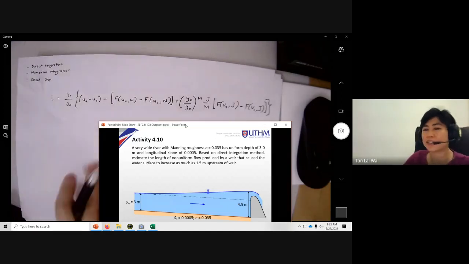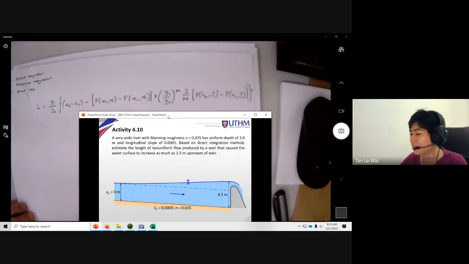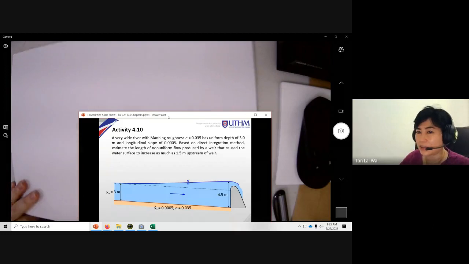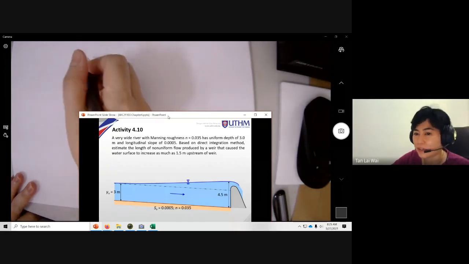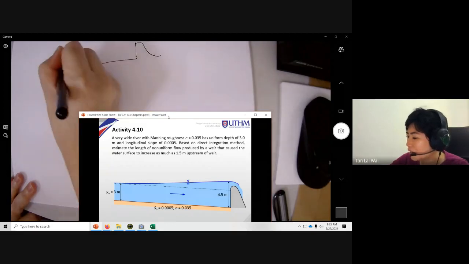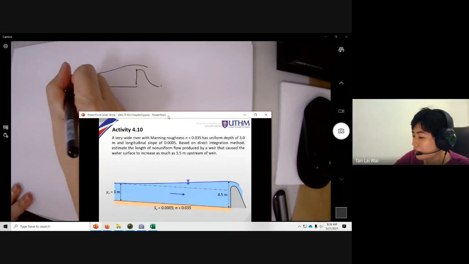Now, this direct integration method, right? Okay, now let's look at this case. Let's look at another page here. In your question you have this kind of structure, and then you have backwater. Now here's the thing.